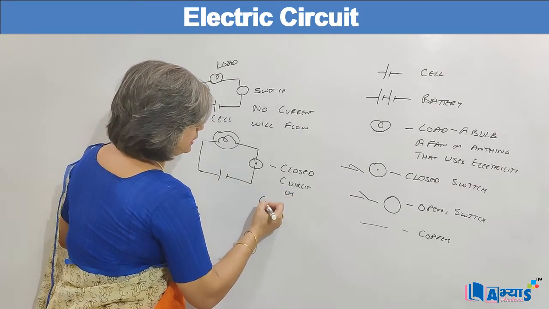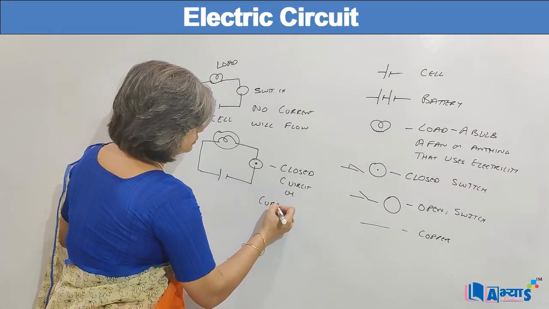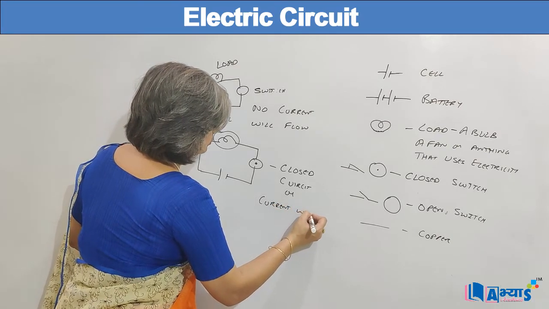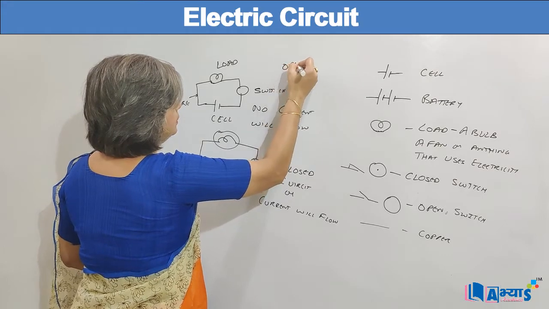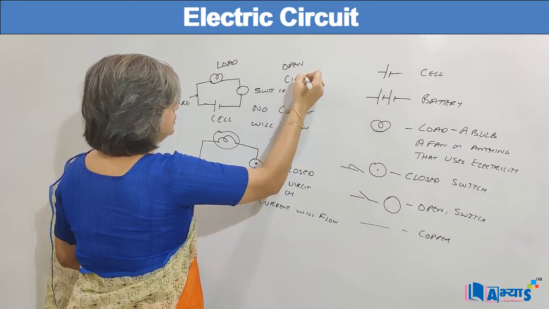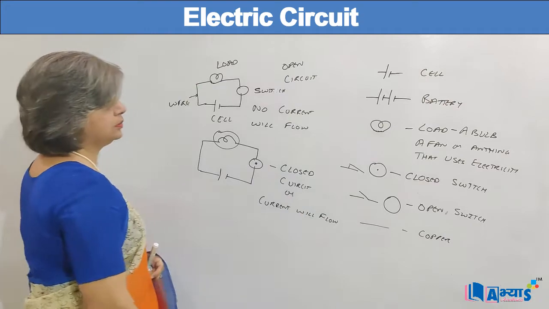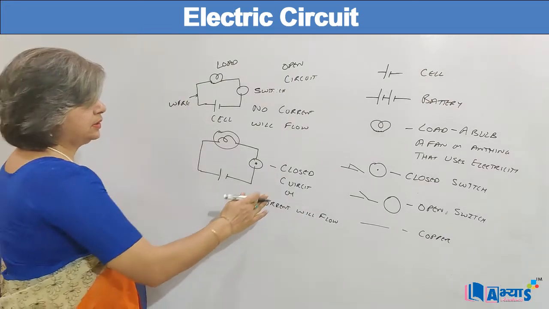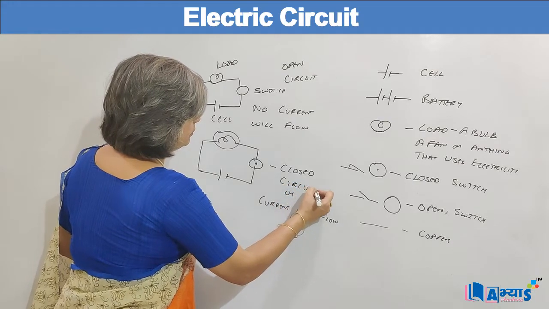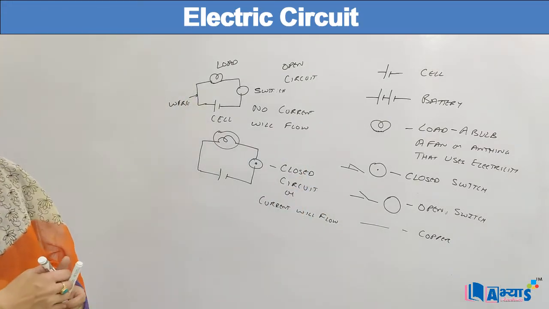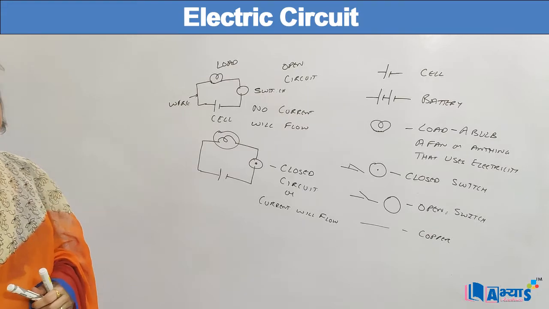Or we can say current will flow. This is an open circuit. This is a closed circuit. So when a circuit is an open circuit, the current will not flow, and when the circuit is a closed circuit, the current will flow.